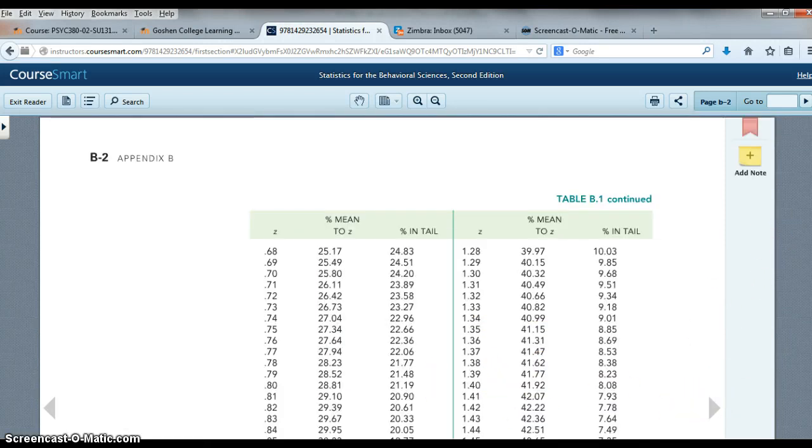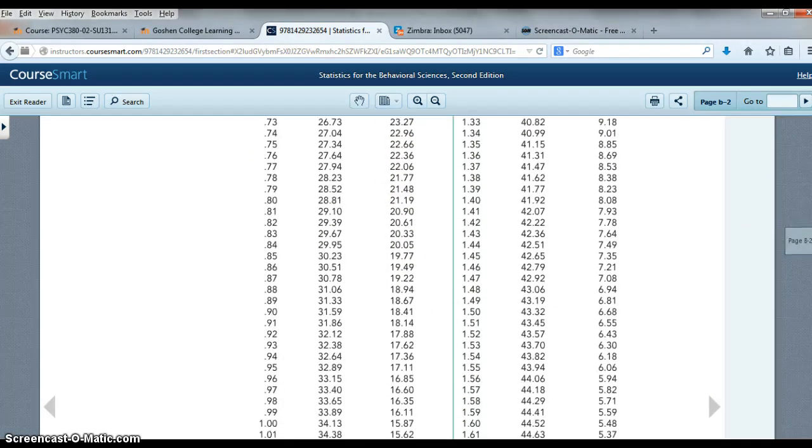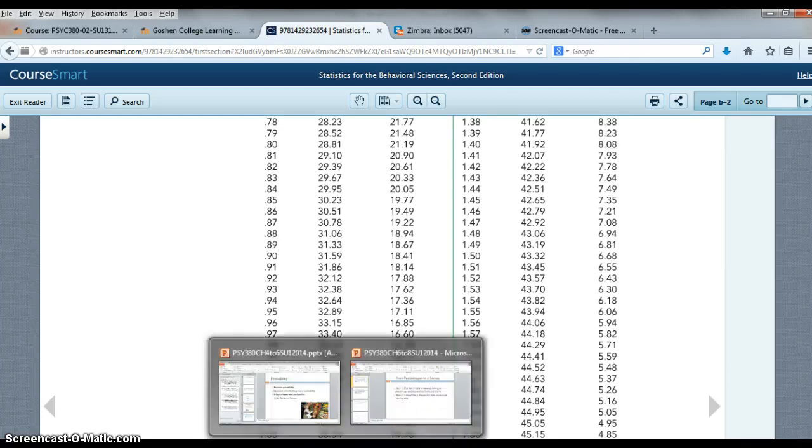So we're going to have to go to the next page and look in this percent in tail column. I'm going to scroll down here. Okay. So we have 14.92 right here. That's the closest we're going to get to 15, because 0.15 is further away than 0.08. So I would say it's a z-score of negative 1.04. Remember, because it's below the mean and we're saying the 15th percentile. So that's another way we can use this z-table.